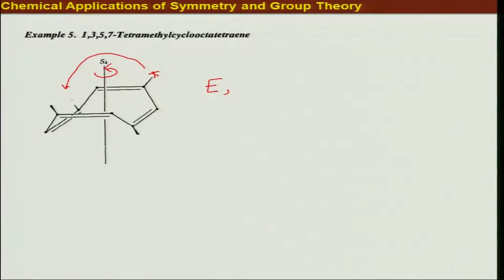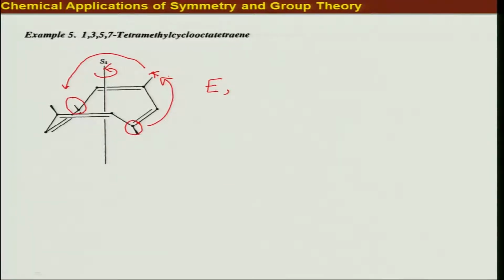That will come here, while the one sitting here will now move up here. Ultimately you get back an indistinguishable structure. So, there is a valid S4.